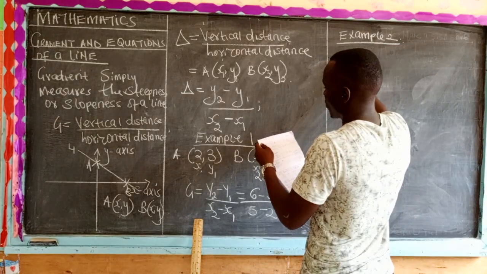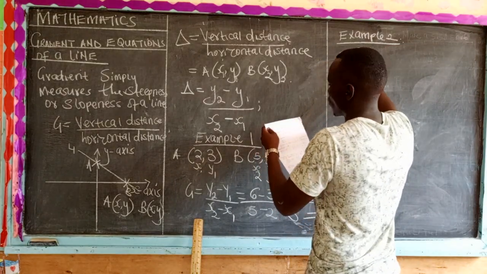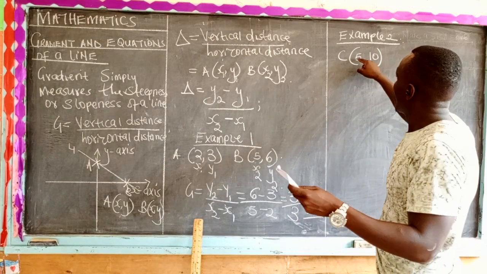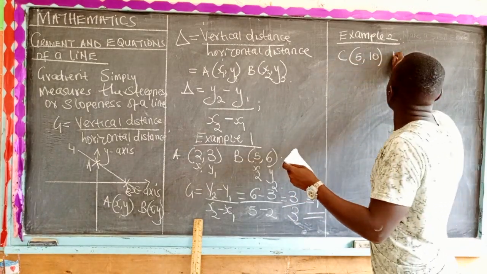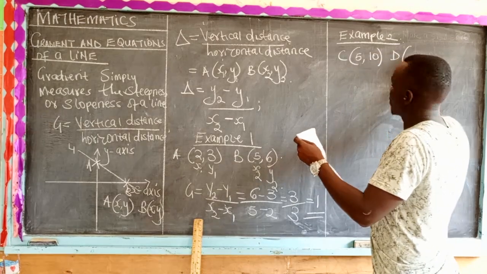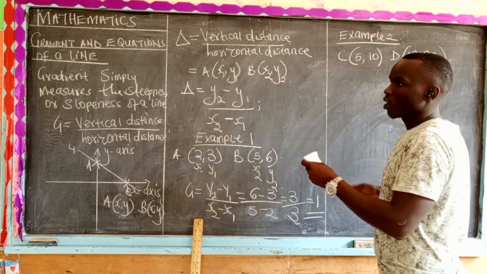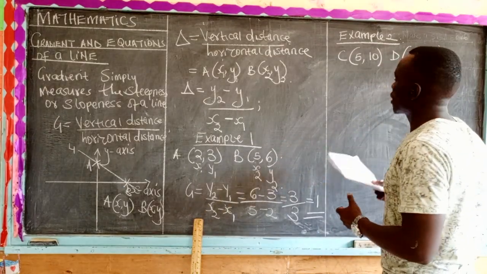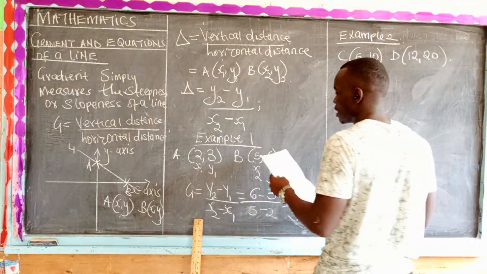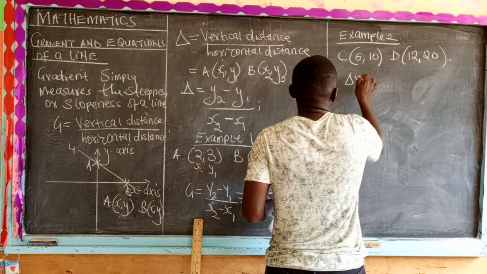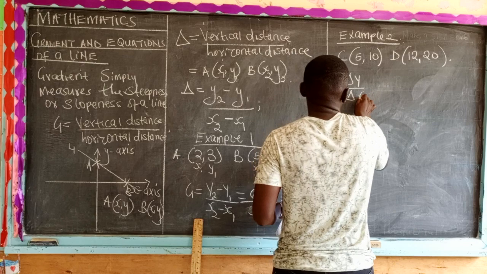Point C is given by the coordinates 5, 10. These ones are called coordinates. Point D is given by 12, 20. So if we are to give the gradient, we say the gradient will be given by change in y over change in x.